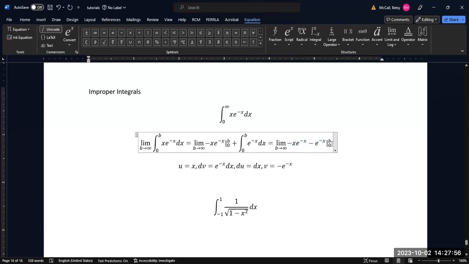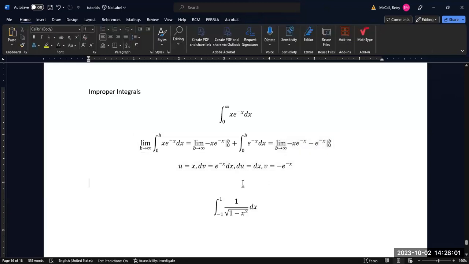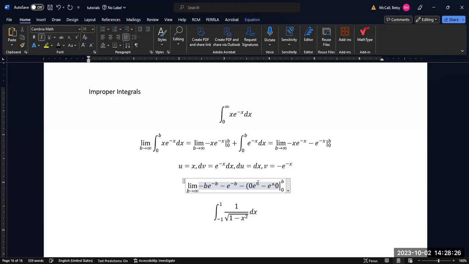And so when we plug those things in, we're going to end up with b and b and b, and minus 0 e to the 0, minus e to the 0.